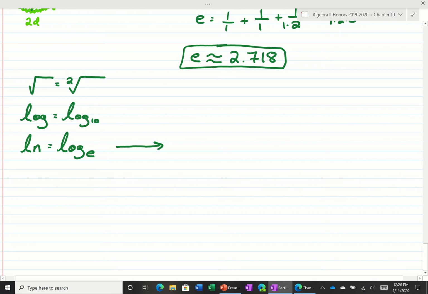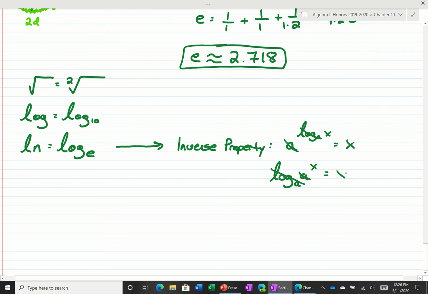The reason why you want to do this is because of the inverse property. Remember we talked about the inverse property? The inverse property of logs says that if you have an exponential to a log with the same base power, these bases cancel and you just get x. Also, if you have a log with the same base of an exponential, they cancel and you just get x.